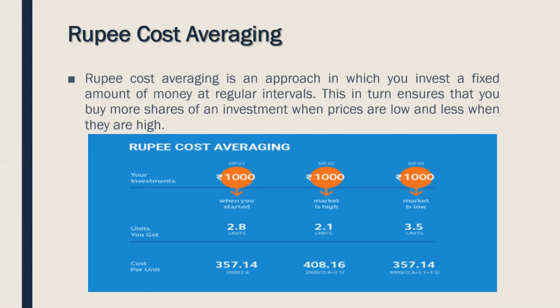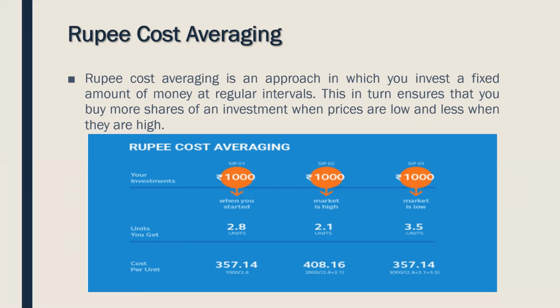So you are going to invest a fixed amount at regular intervals. The first SIP, SIP stands for Systematic Investment Plan. In the first month, the regular period could be either months or weeks or years, depending upon your investment plan. Now, suppose you're an investor who is investing 1,000 rupees regularly every month.